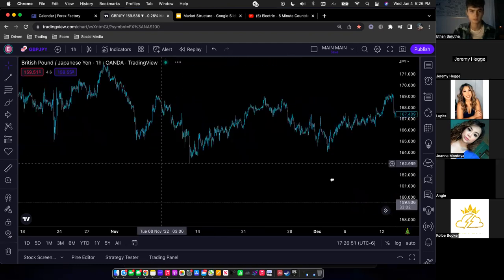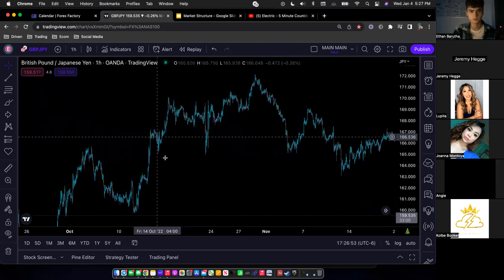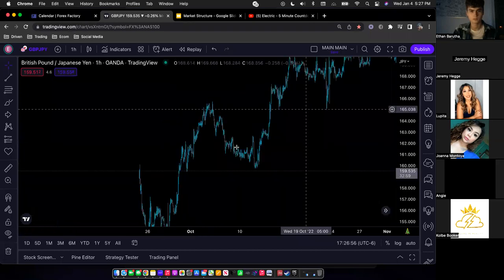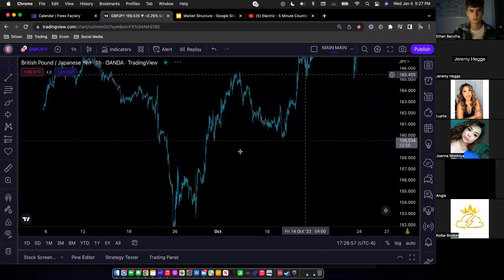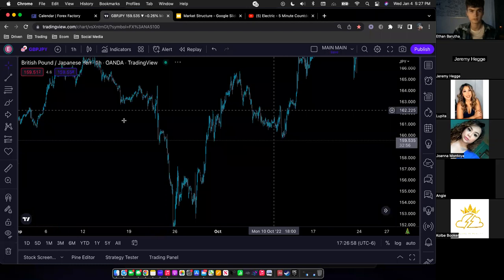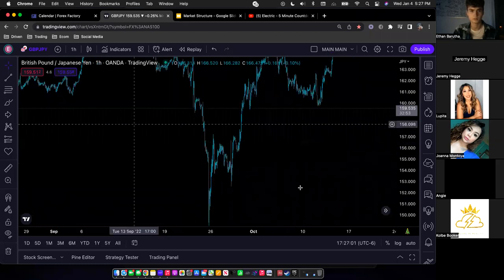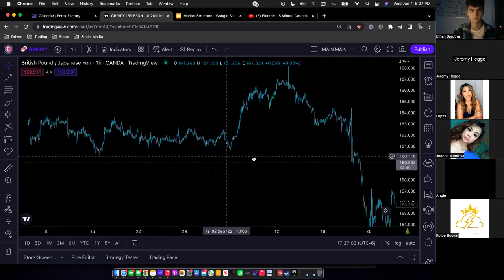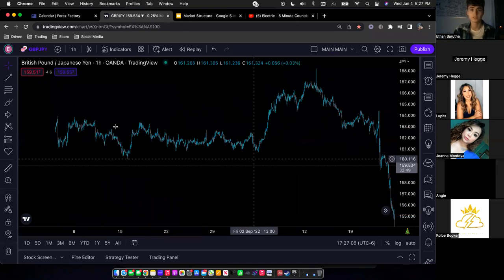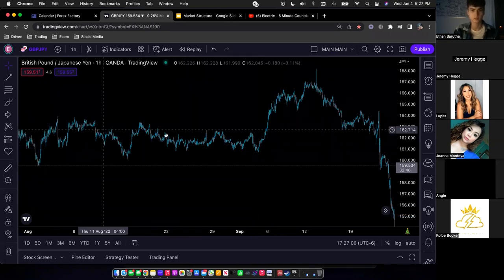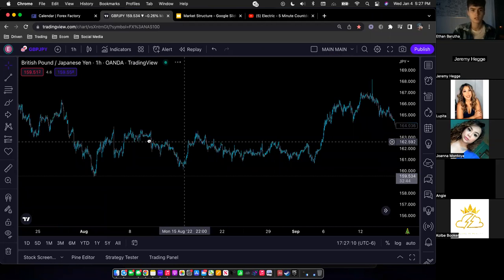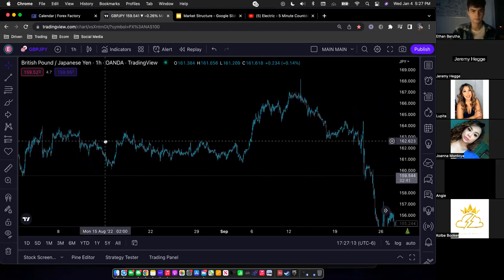Actually, that's not a good example. I want something like this, but very continuous. Perfect. Okay, so this is consolidation right here. So we're talking about breakouts, okay?